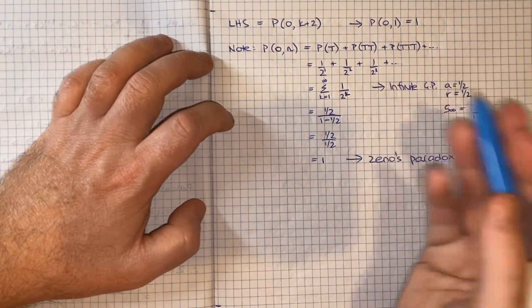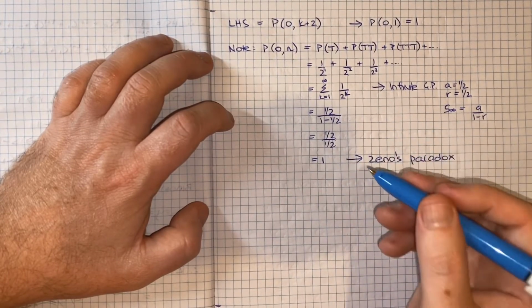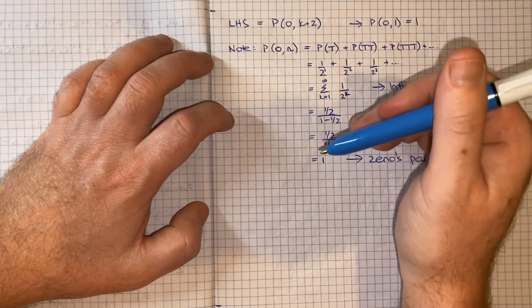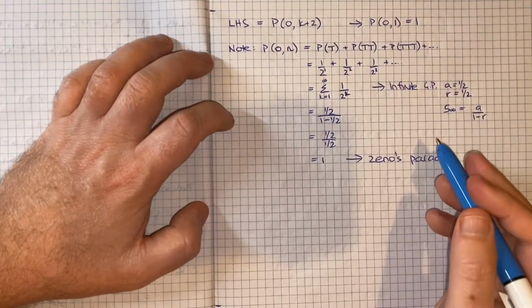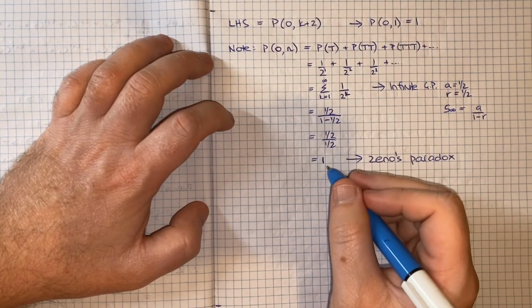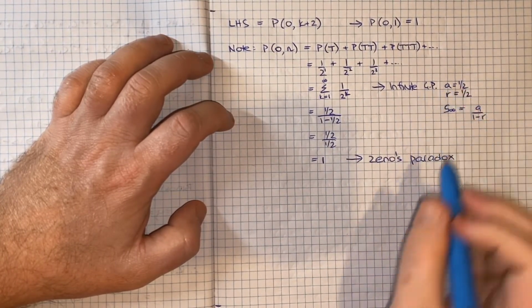Or what if you want to get somewhere and you decide to always just go halfway there first? Do you ever make it? Well, the answer is yes, you get there. It'll add up to 1 if you're thinking about it as an infinite GP.